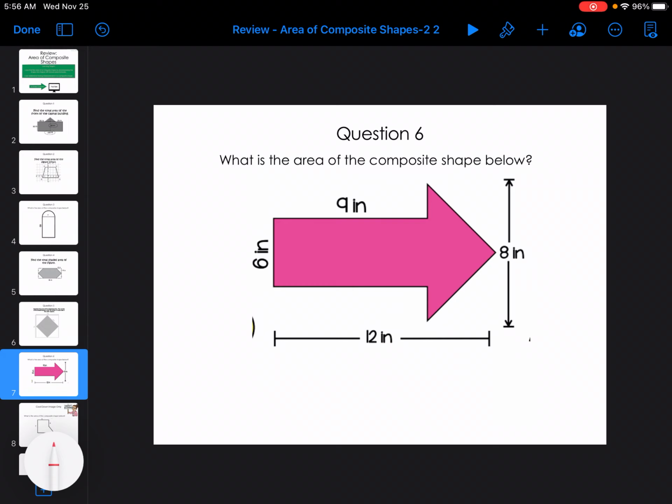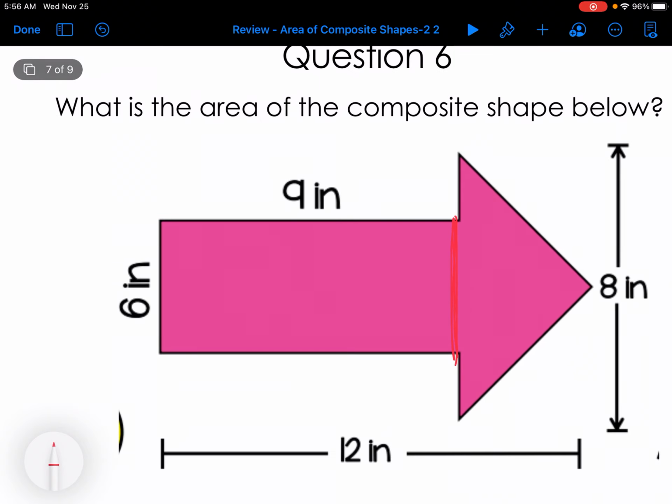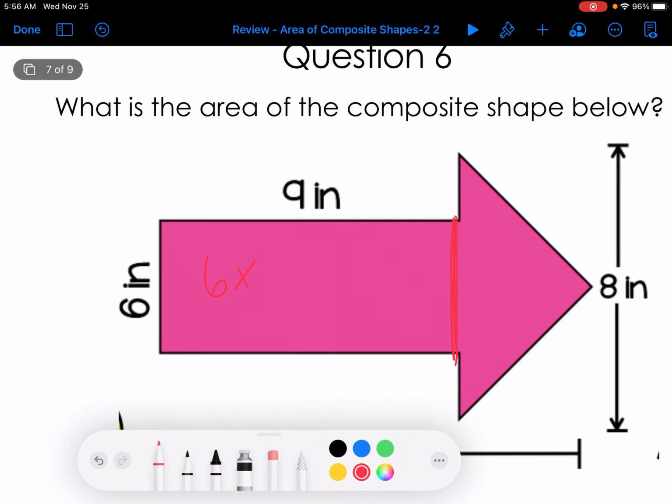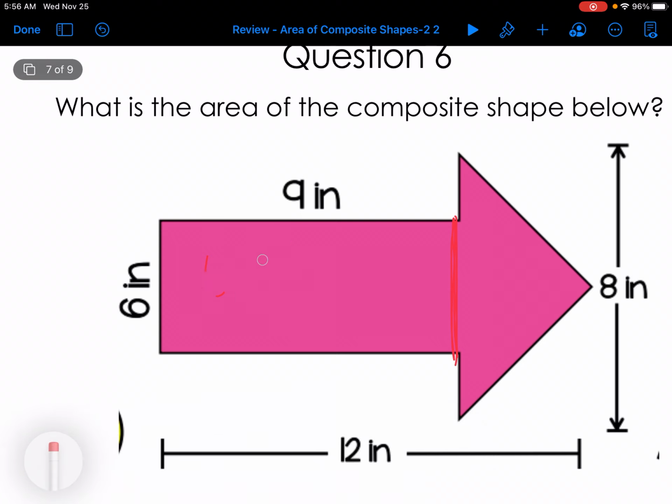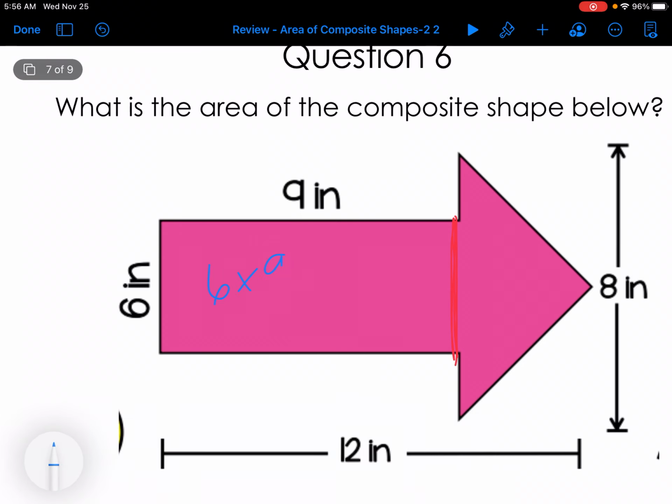All right, for this one, they want us to split up that composite shape. So I'm going to start with the part I know. So 6 times, I'm going to switch colors because this is kind of hard to see. 6 times 9 is going to give me 54 inches squared. Then I need to think, okay, I've got 8 as my whole base of my triangle.